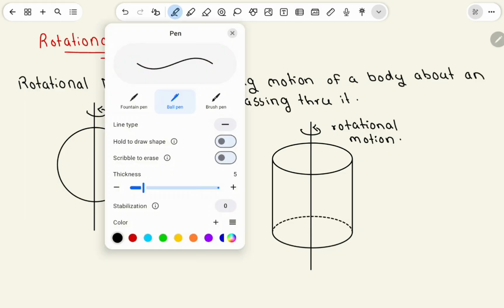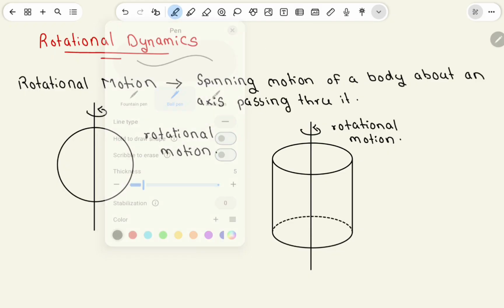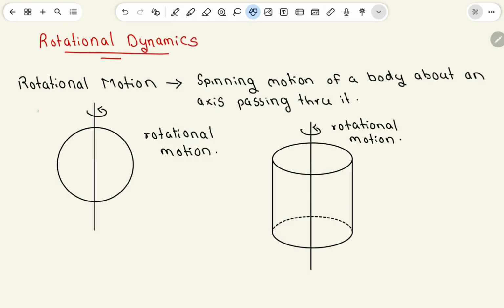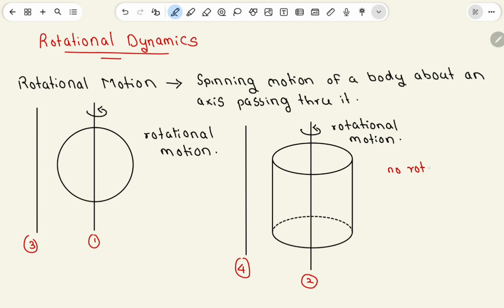But in both the cases, let's say I'm drawing an axis which is out of the body. So in both the cases, there will be rotational motion about axis 1 and axis 2, but about axis 3 and 4, there will be no rotational motion.